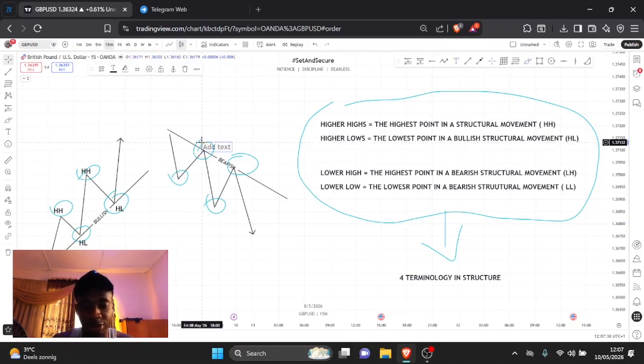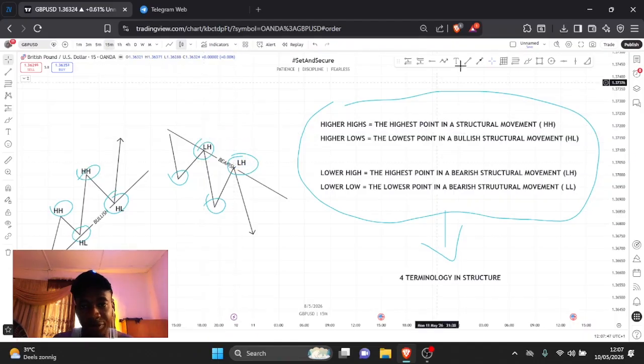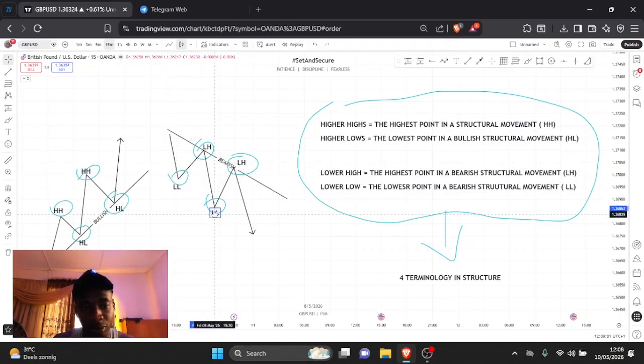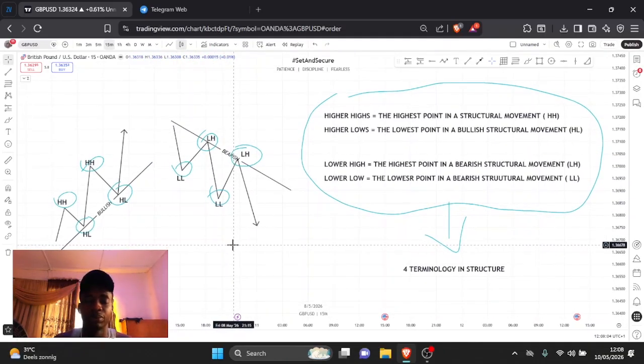LH, signifying lower high, and for the lowest part it's LL, lower low. You understand?